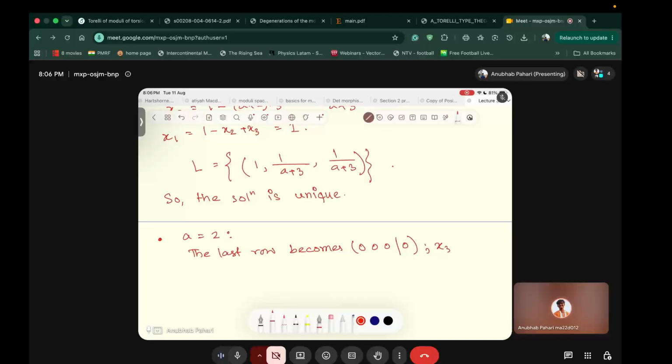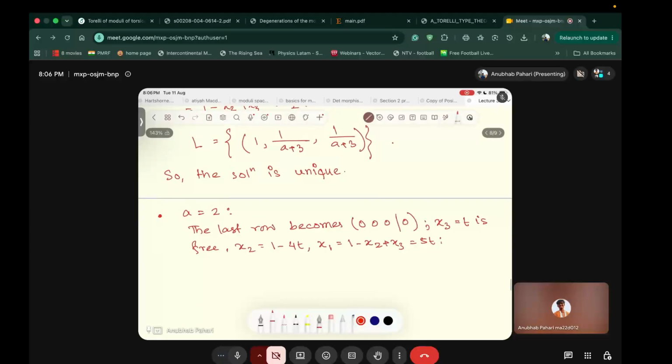And x3 equals t is free, and x2 is 1 minus 4t, and x1 is 1 minus x2 plus x3 equals 5t.